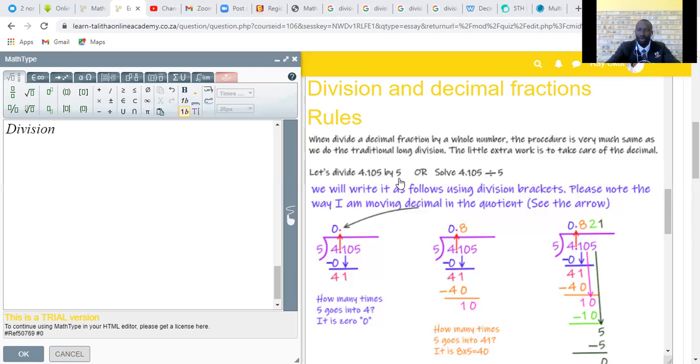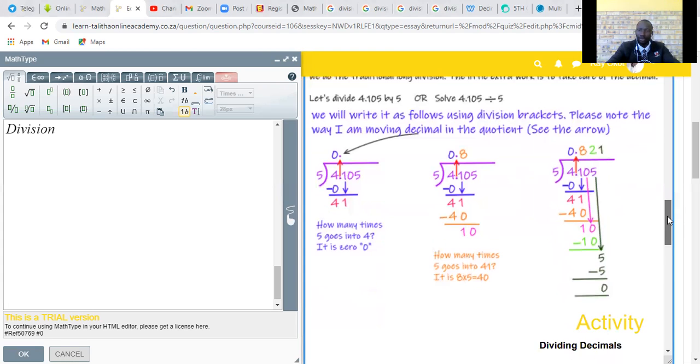In the activity which we will be doing shortly, we will include all the different categories: decimal fraction with a whole number, decimal fraction with a decimal fraction, and also a fraction in its proper way can be divided by a fraction. For example, 1 over 2 can be divided by 1 over 3, you see? So in the activities which come, we will be looking at how to solve this.